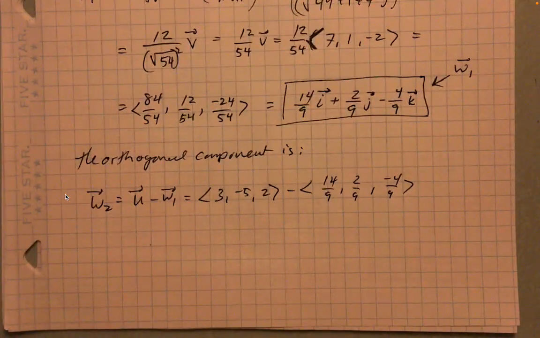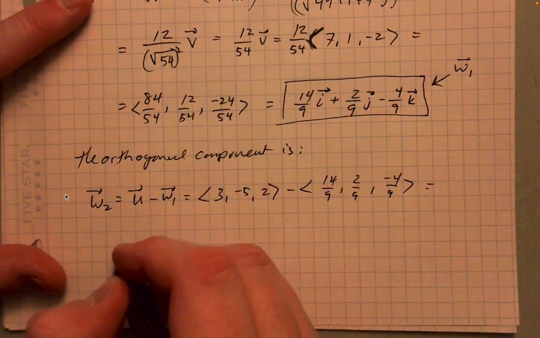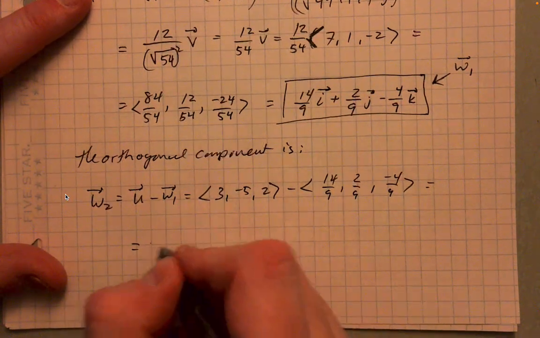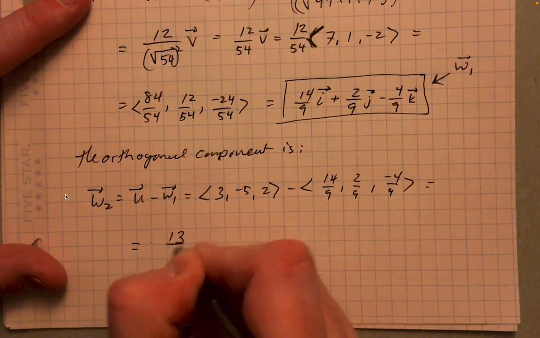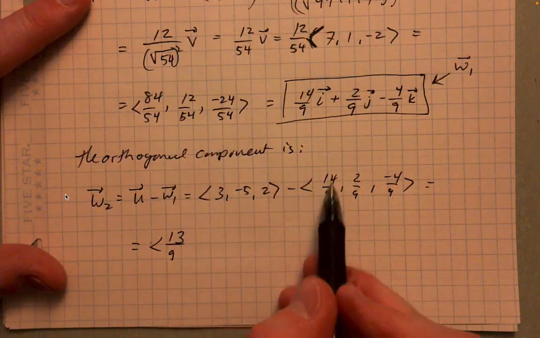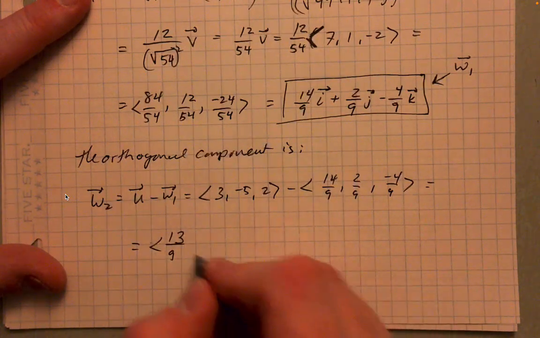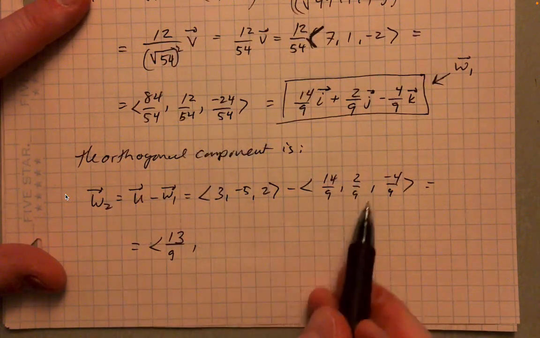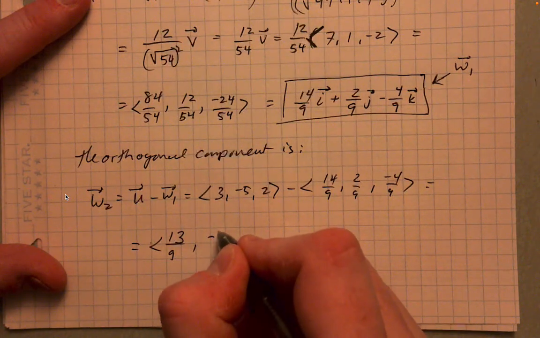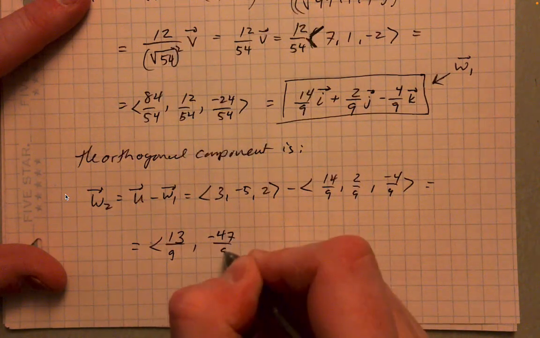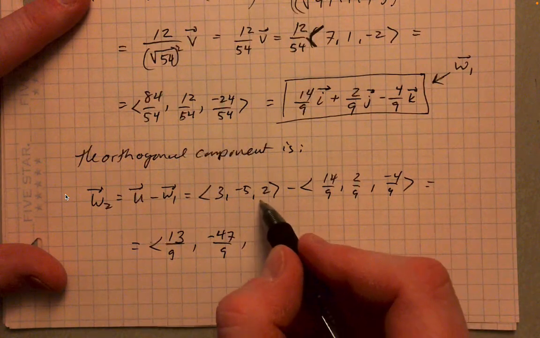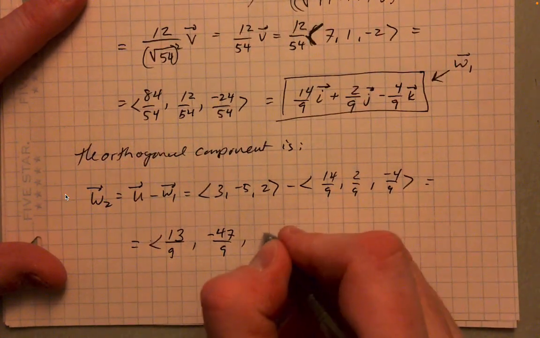So you've got those two vectors, and we can subtract them. It's not a terrible bit of subtraction, but you would end up with 13 over 9, right? 3 minus 14 ninths gives 13 over 9. And then it would be negative 5 minus 2 ninths, and you would end up with negative 47 over 9. And then 2 minus 4 ninths is 22 over 9.